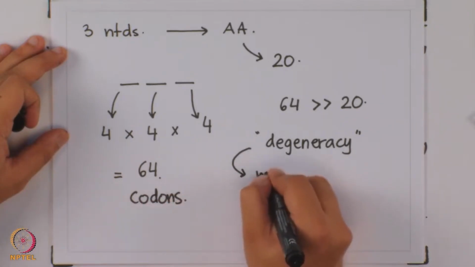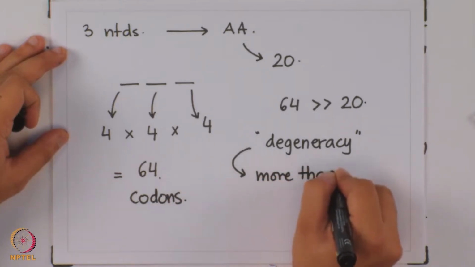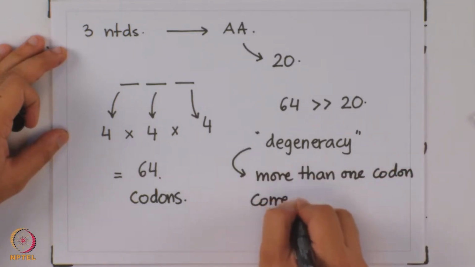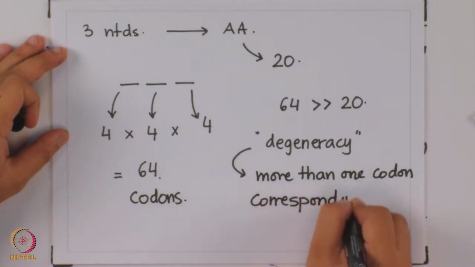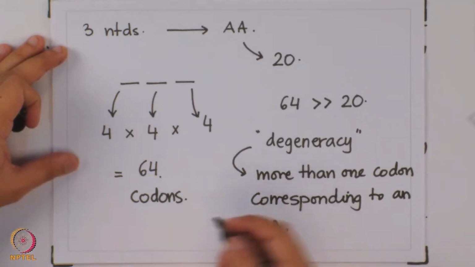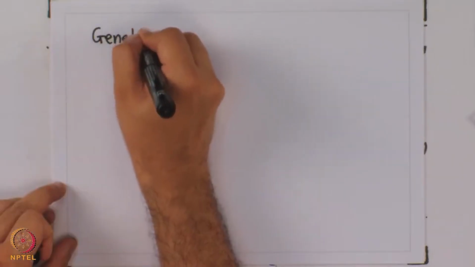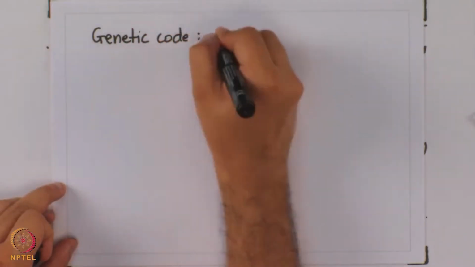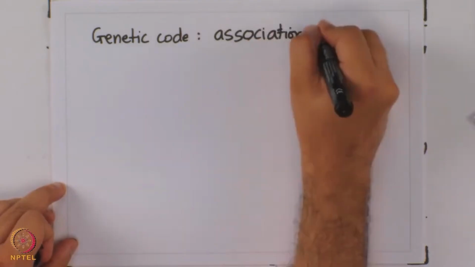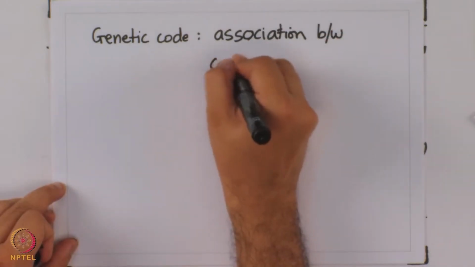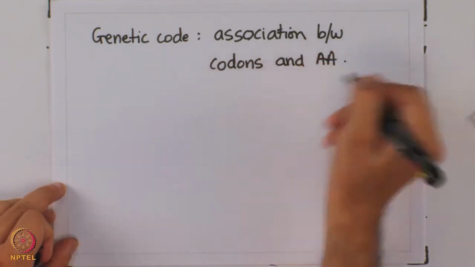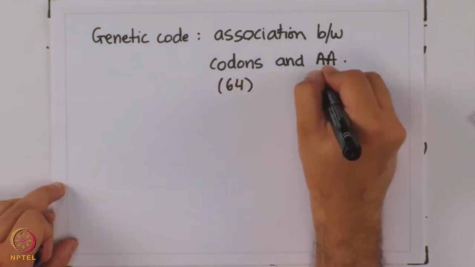We have more than one codon corresponding to an amino acid, and this of course forms the basis of what is called the genetic code, which is the association between codons and amino acids, which are 64 in number, and these are 20 in number.